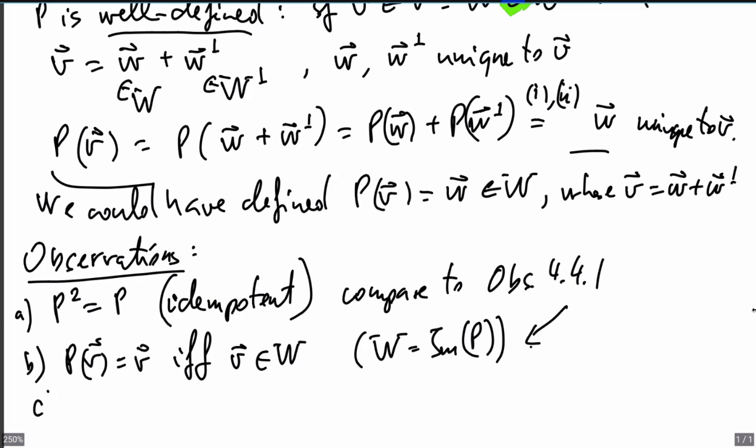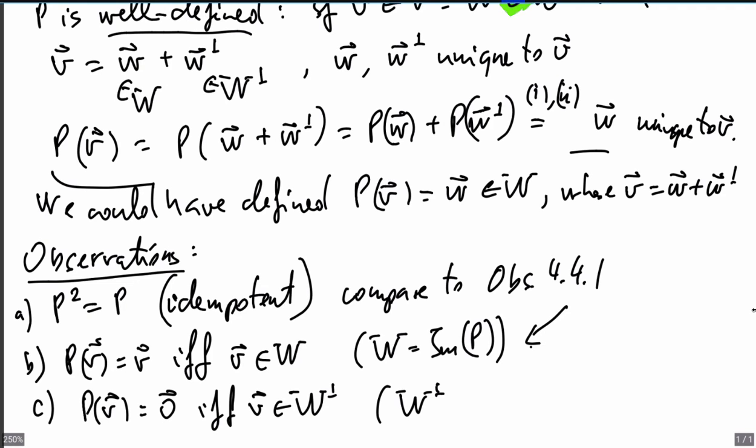And the next one is that P of v equals the zero vector if and only if v is in the orthogonal W perp subspace, which means that this W perp is actually the null space of P. And again, see observation 4.4.1 for more details.